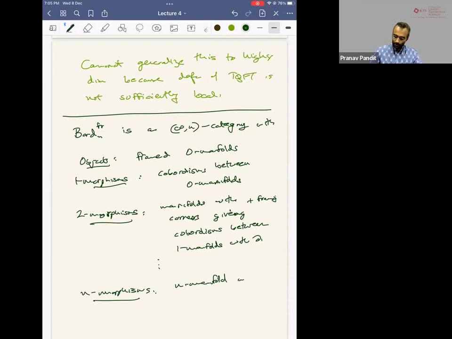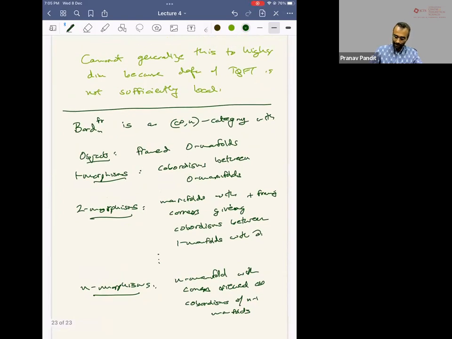N manifolds with corners viewed as cobordisms of n minus 1 manifolds. And after that, n plus 1 morphisms are diffeomorphisms.